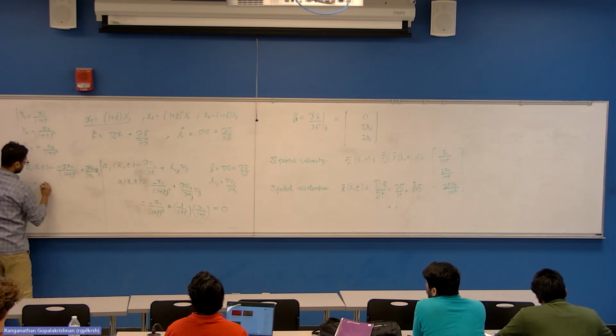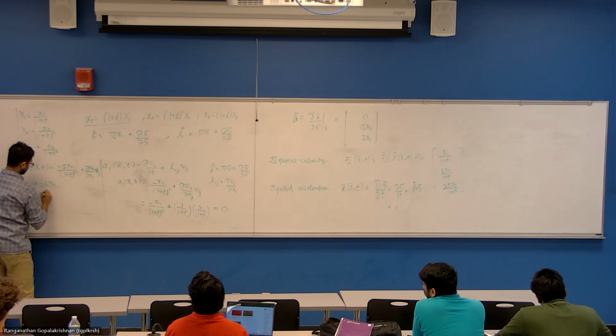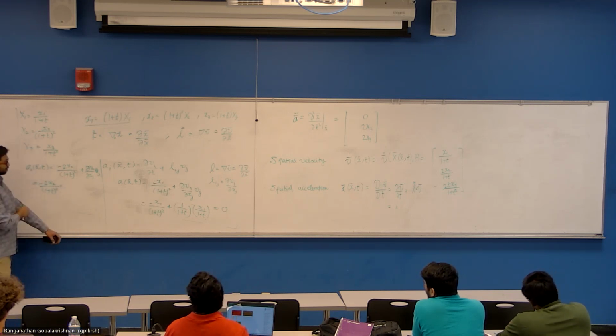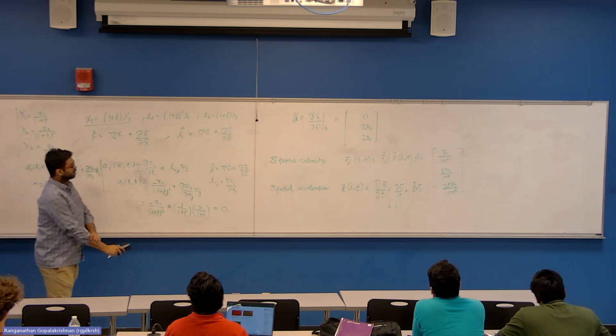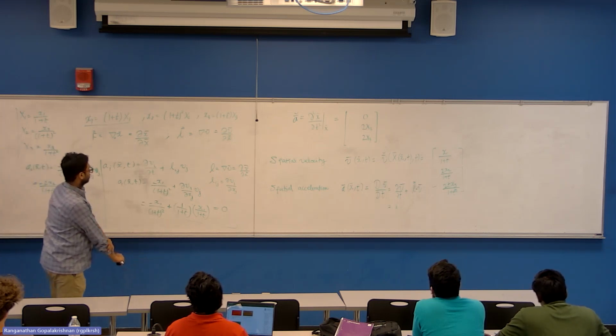This is minus 2x2 over (1 plus t) squared plus, what is the partial derivative of V2 with respect to x_j?